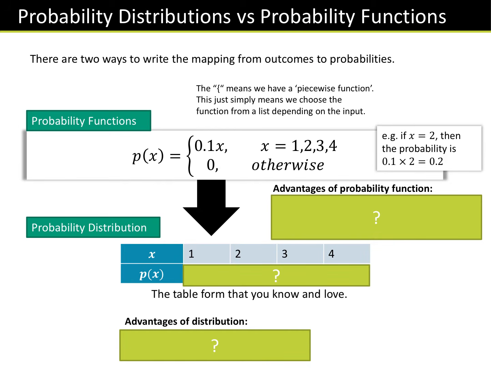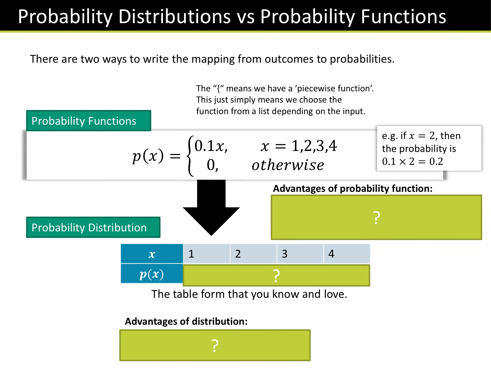So we're going to look at the difference between a probability distribution and a probability function. A probability function is when we write the probability of x is 0.1x when x is 1, 2, 3, or 4, and 0 otherwise. I'm going to show you what this means in terms of a distribution.